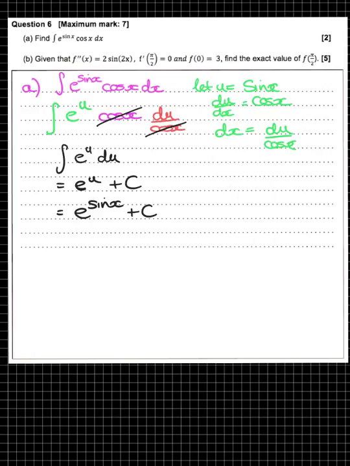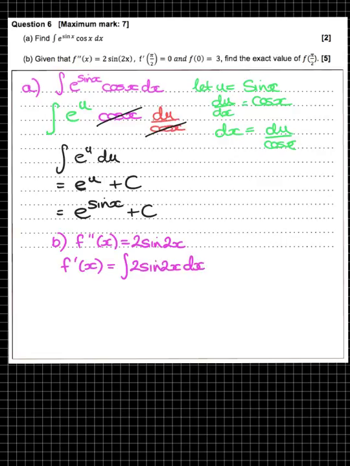Okay, part B, however. In part B, it says, given that f double prime is equal to 2 sine 2x. What it wants to find is f. So to get from f double prime, or f prime prime, however you want to say it, you need to integrate. So f prime x, okay, is going to be the integral of 2 sine 2x dx.